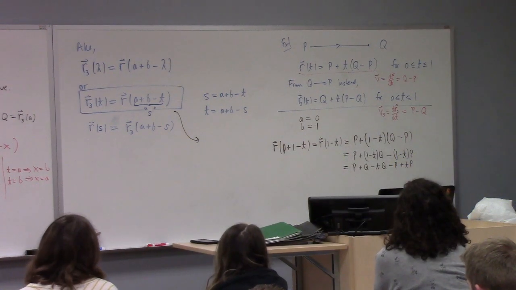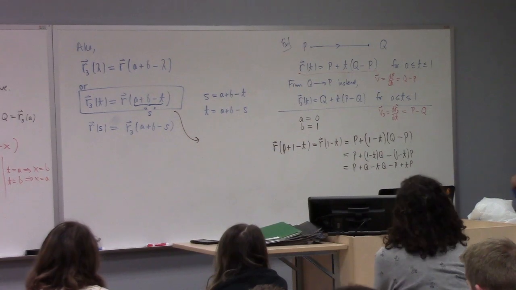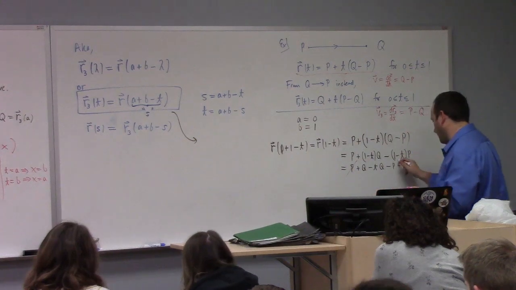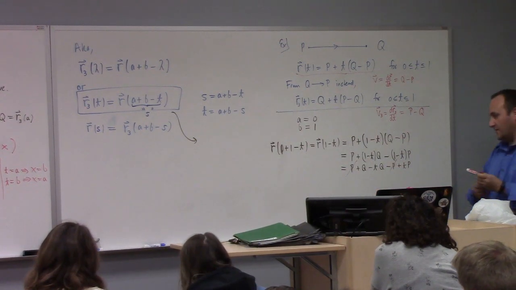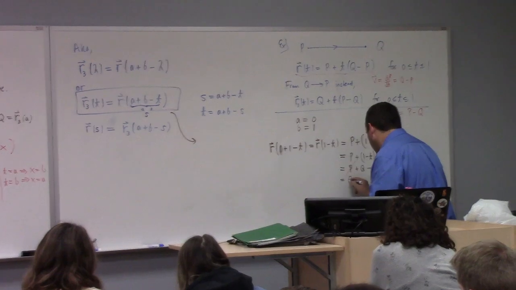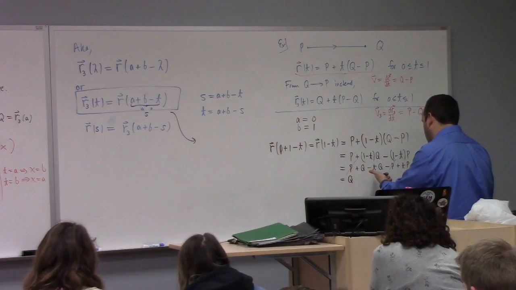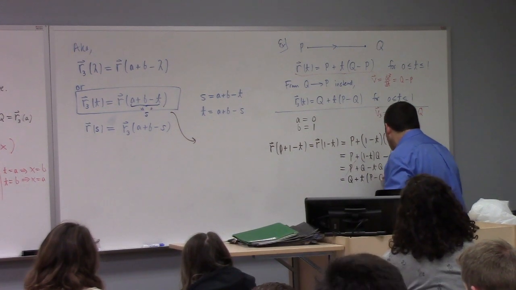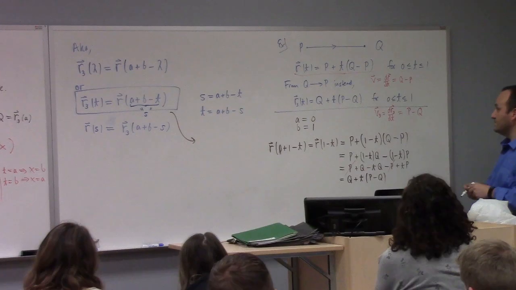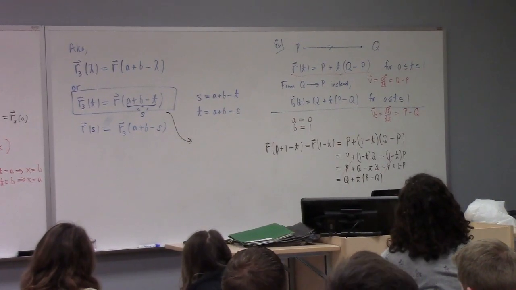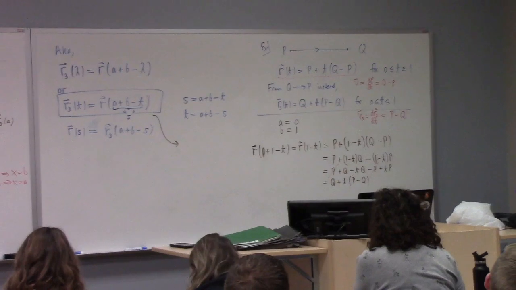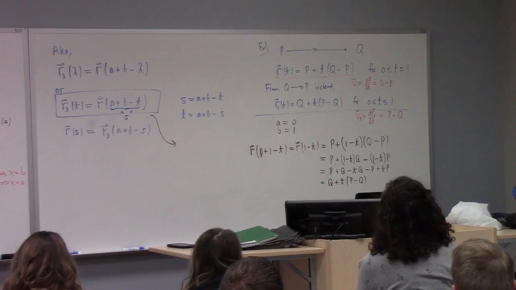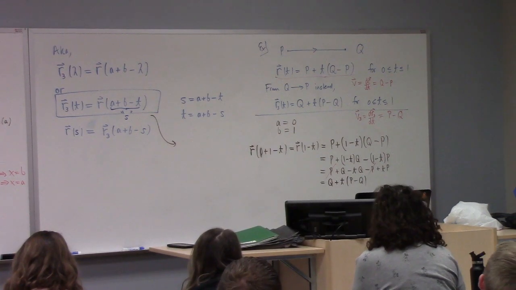Well, it looks like the P and the minus P cancel, right? And we can factor Q out. I mean, there's a Q. And then there's a T, so I can say plus T times what? P minus Q. What is that? That's exactly R3 of T, right?